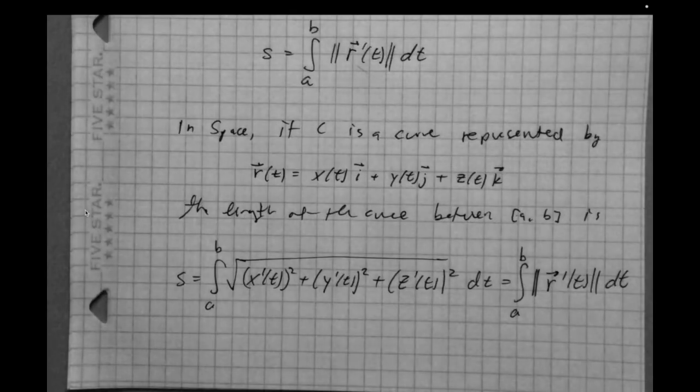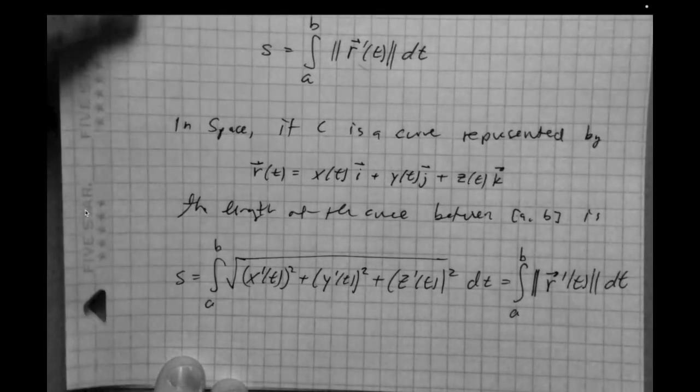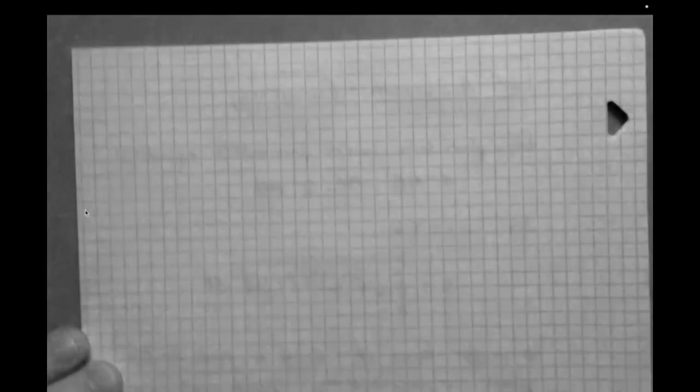Okay, and so let's do an example where we use this information, but in the context of a vector-valued function instead of a function defined by a parametric equation.